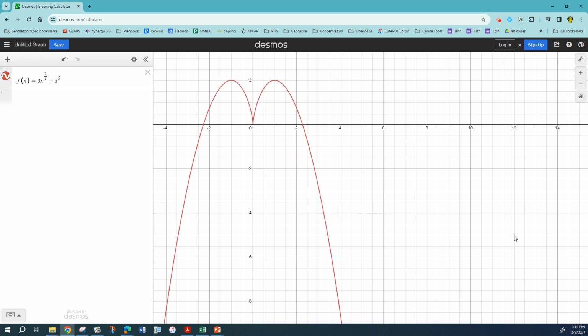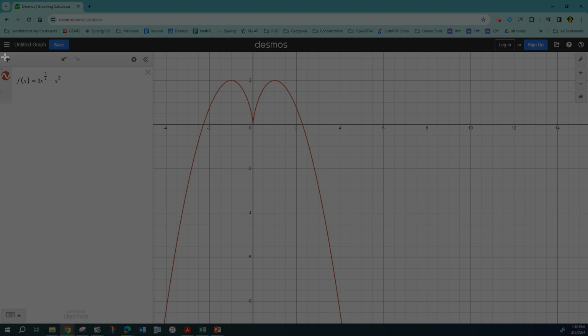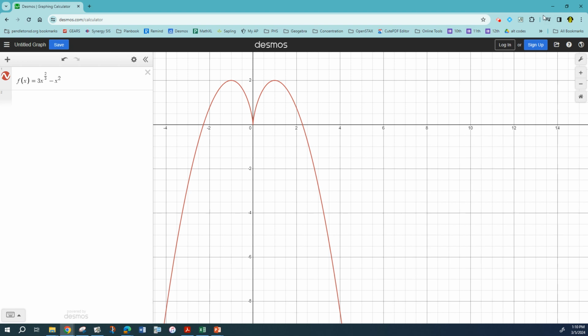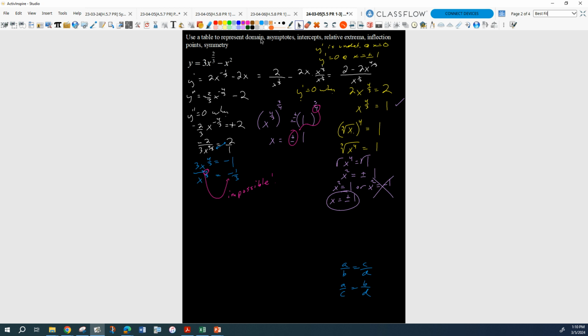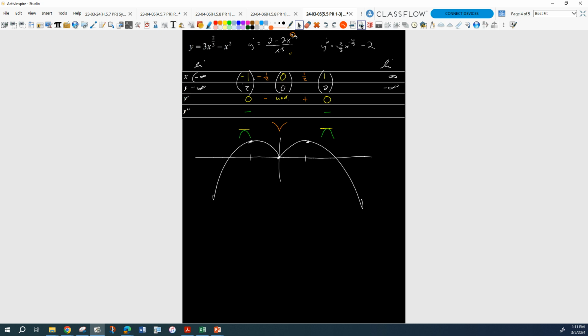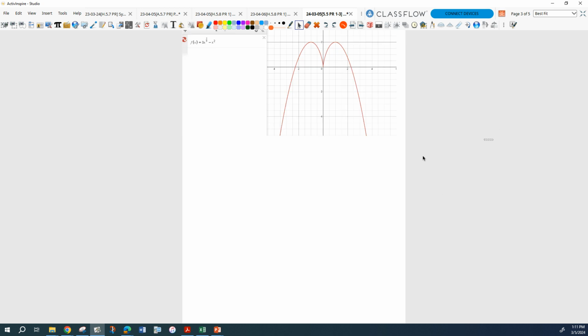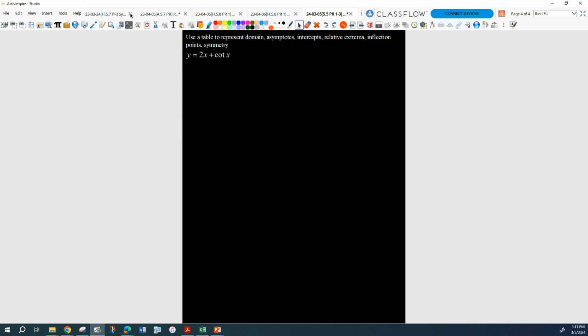Just what we got, right? Picture for posterity for our notes. Okay, and then the last example. Oh, you know what? I put that in the wrong page. Got to go after. There we go.